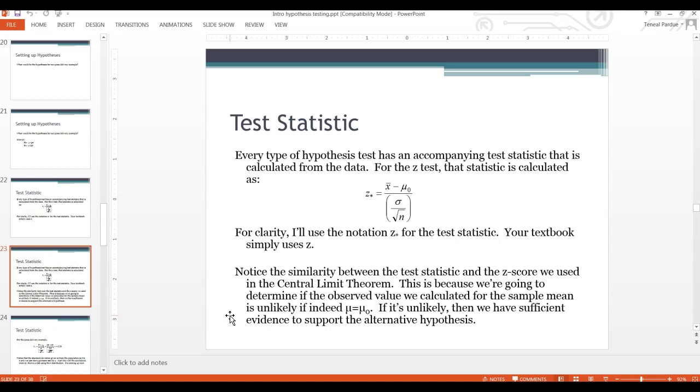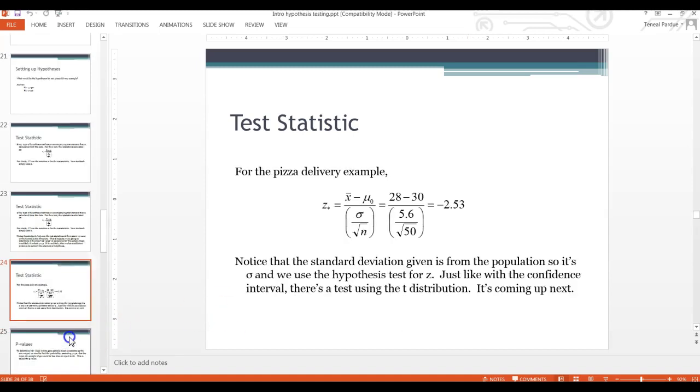So if the population mean is mu naught, would this value of x bar be unlikely? If it is unlikely, then we would reject the null hypothesis. Otherwise, we would fail to reject. Anyway, we'll come back to that in a minute.